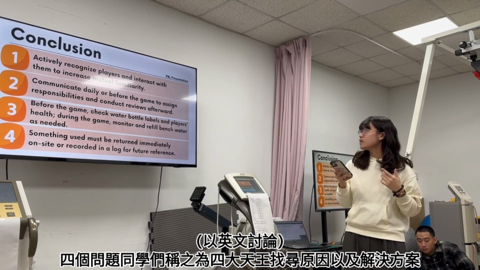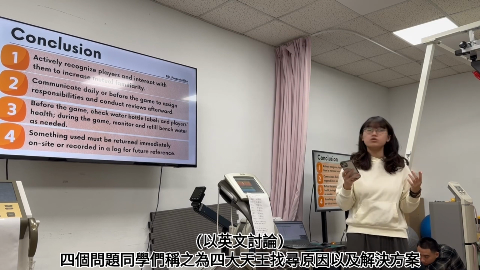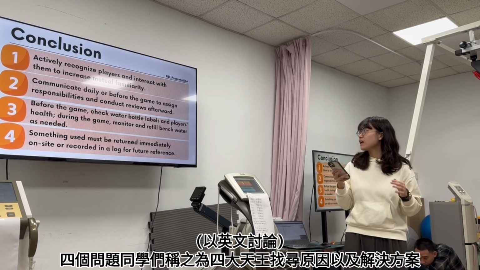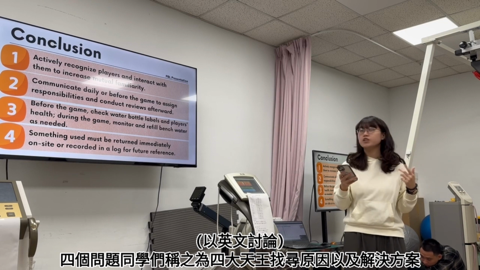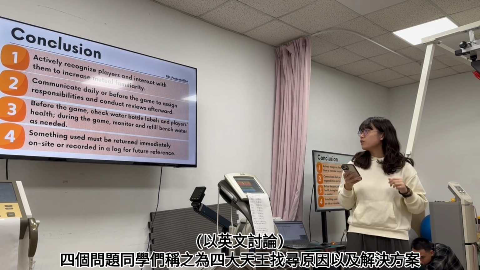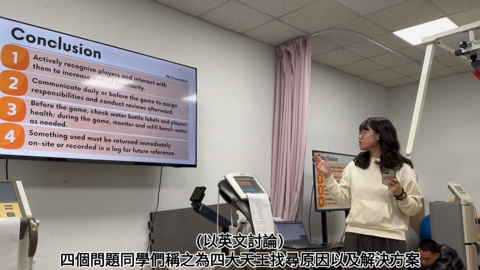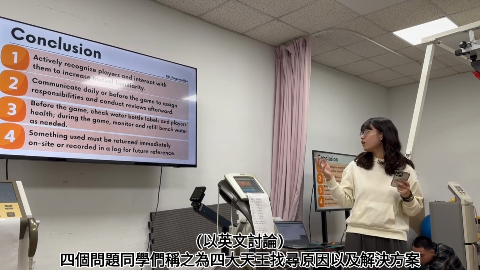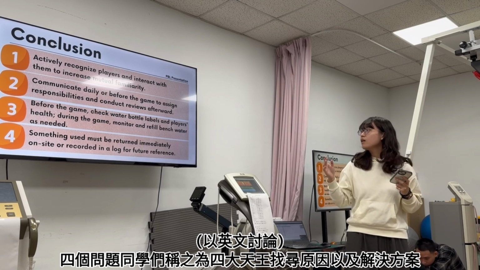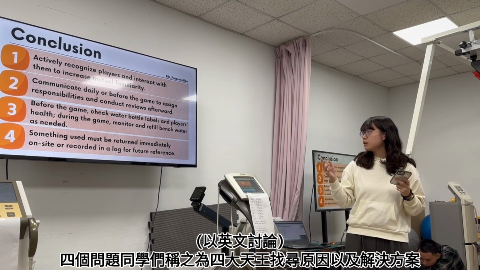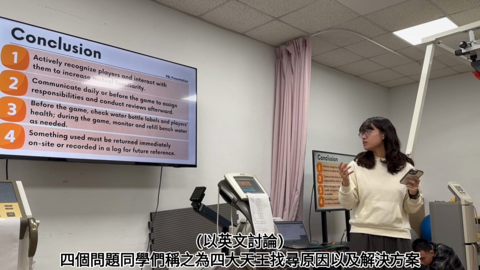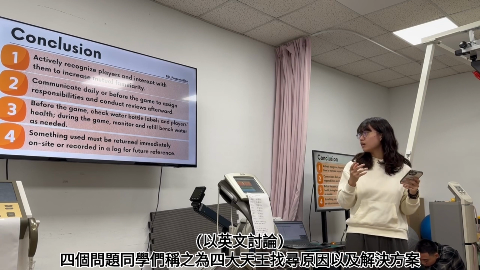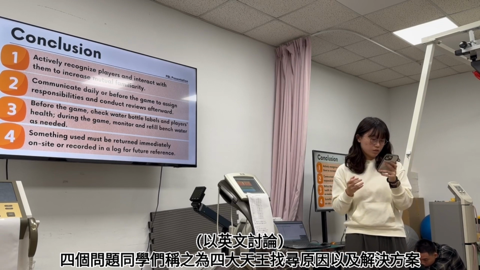Second, communicate daily or before the game to accept responsibility and conduct reviews afterward. Third, before the game, check water bottle levels and player health; during the game, monitor and refill bench water as needed. Fourth, anything used must be returned immediately to the process or recorded in the log for future reference.